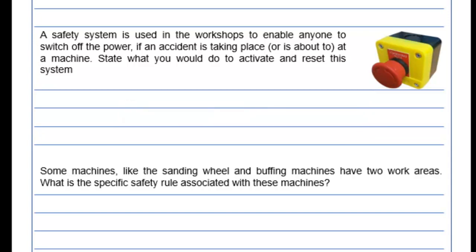So this question, along with the image, is guiding you to how you would activate, in other words, how you would use this device to stop or switch the power off, and then how you would reset or restart this system. What would you have to do to restart the system?